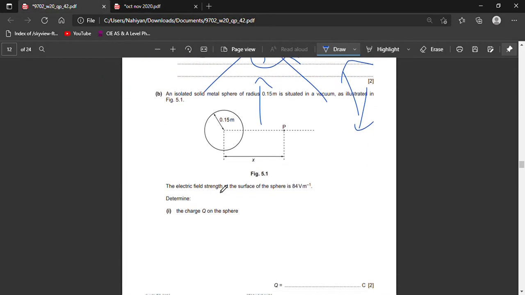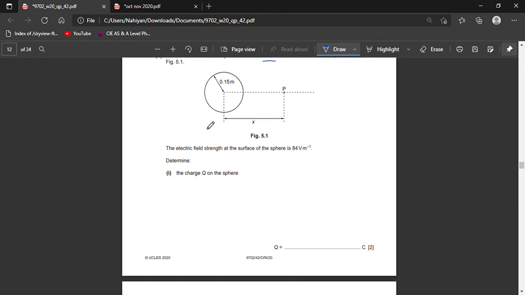So moving on, an isolated solid metal sphere. An isolated metal sphere of radius 0.5 meters is situated in a vacuum as illustrated.